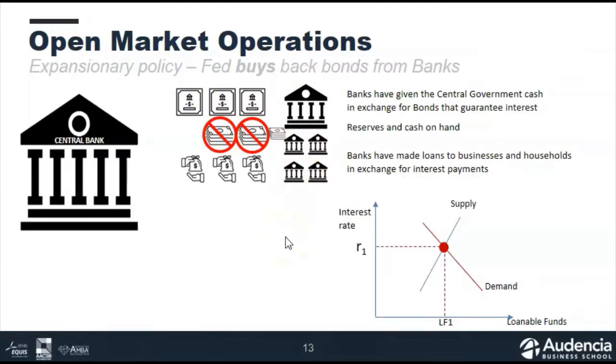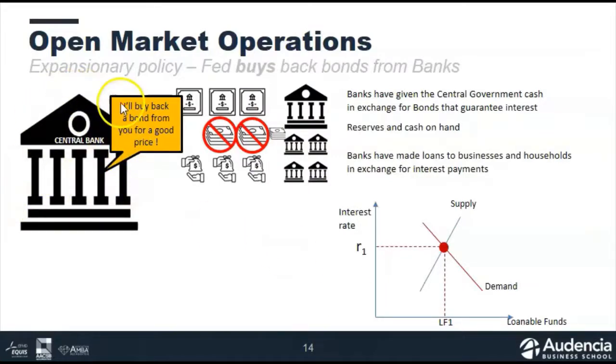It's called a bond. So how does this happen? So the central bank basically makes an announcement and says, I'd like to buy back the bonds from you at a good price. So I know I can earn a certain interest on the bond. The central bank is going to pay me the interest, but now they're offering to buy these back from me at probably a better price.